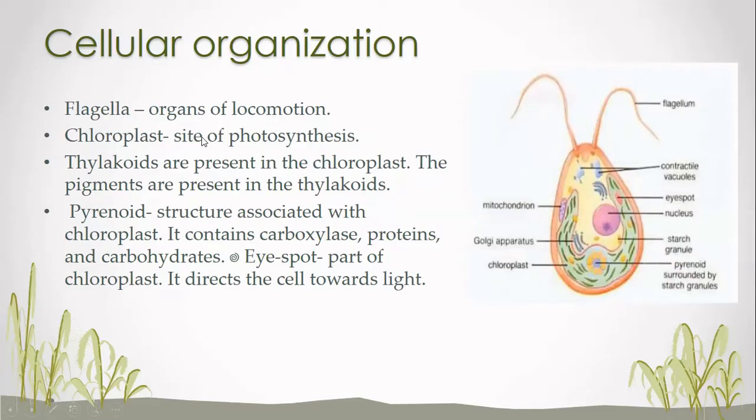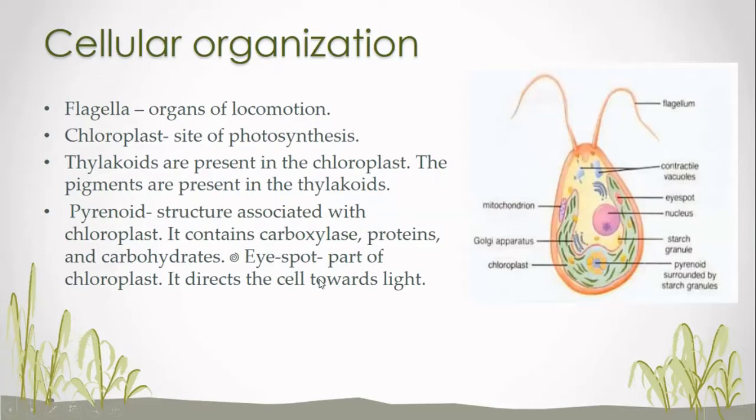Chloroplast is the site of photosynthesis. Thylakoids are present in the chloroplast. And the pigments are present in the thylakoids, which is also similar to what we have in plants. Pyrenoids, structure associated with the chloroplast. So it contains carboxylase, proteins, and carbohydrates.